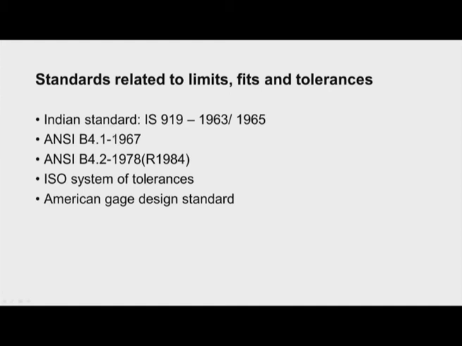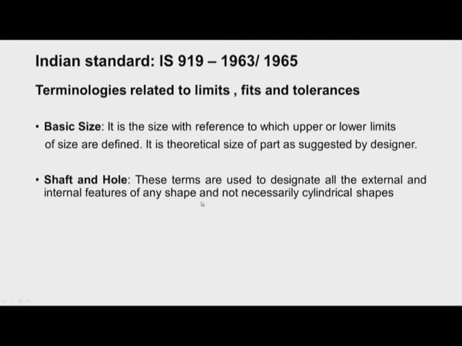So, all these standards follow the ISO system of tolerances, and also we have the American gauge design standard. Now, let us learn about some of the terminologies related to limits, fits and tolerances as per Indian standard IS 919.